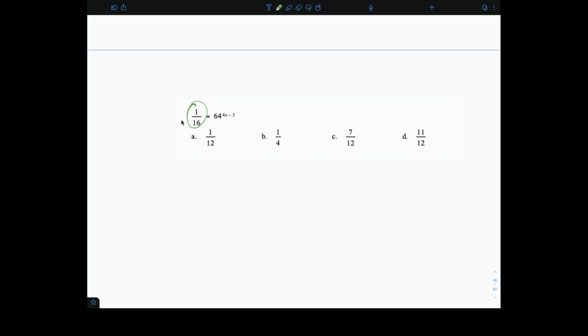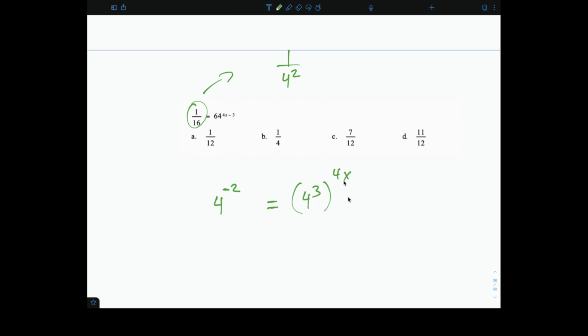So I'm going to rewrite 1 over 16 as 4 to the negative 2. And the negative comes from the fact that this 1 over 16 is 1 over 4 squared, but I want to pop it to the top. I don't want a fraction, so I'm going to write it as negative. Remember, negative means reciprocal. 64 is 4 cubed.